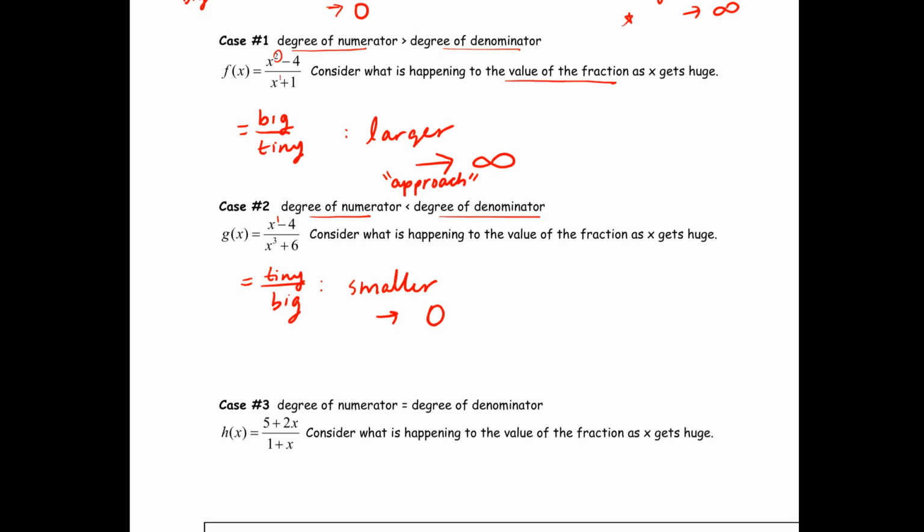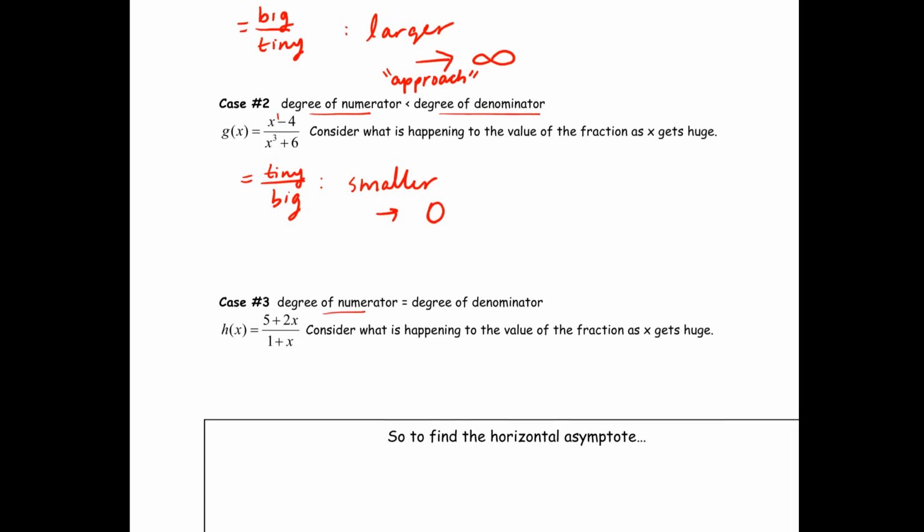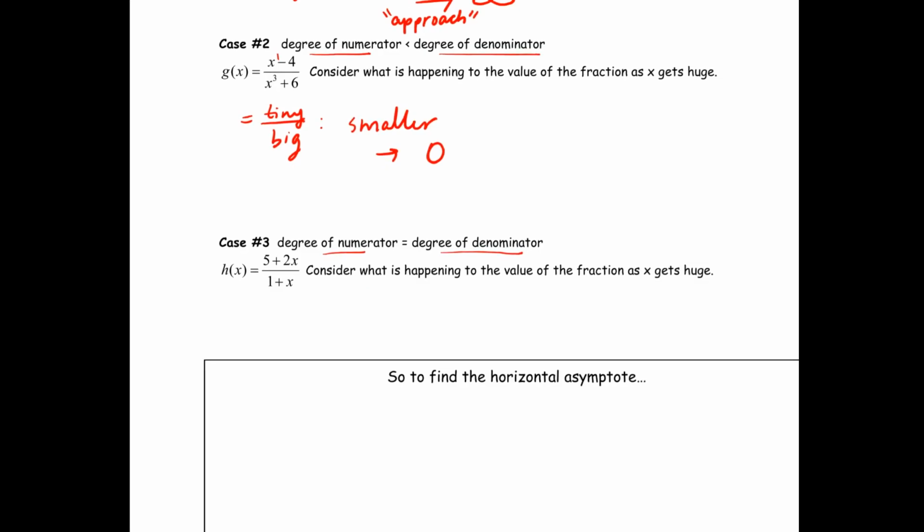Last but not least, what if the degree of the numerator is equal to the degree of the denominator? Well, if we look at the actual fraction, consider what is happening to the value of the fraction as x gets huge. So let's just plug in a number. Somebody give me a really big number. 2 is not big. 85 is big. 1,000,000? I like that one. Let's say that x is equal to 1,000,000. Let's see what happens to the value of this fraction.